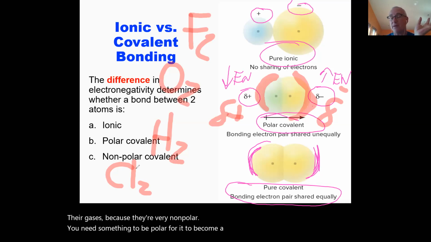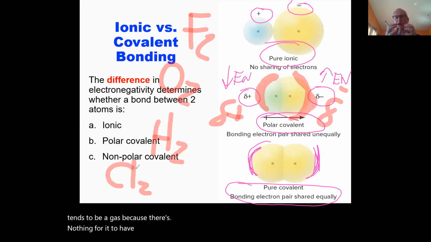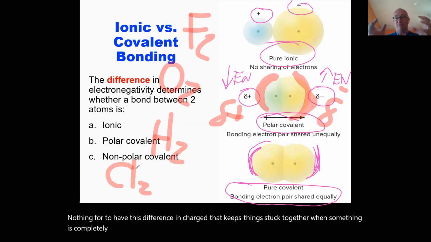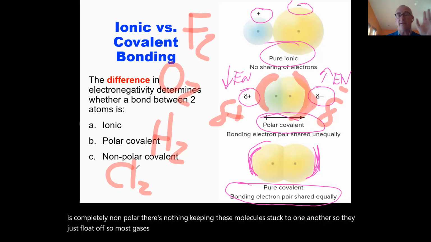Something completely non-polar tends to be a gas, because there's nothing for it to have this difference in charge that keeps things stuck together. When something's completely non-polar, there's nothing keeping these molecules stuck to one another, so they just float off. So most gases are going to be completely covalent, non-polar bonds.